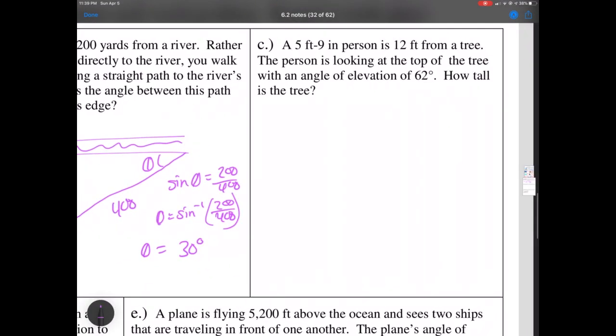Example C, a 5'9" person is 12 feet from a tree. The person is looking at the top of the tree with an angle of elevation of 62 degrees. How tall is the tree? So we have a person. They're 5'9". They're looking at the top of a tree.